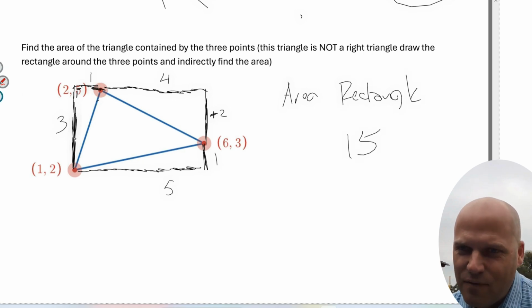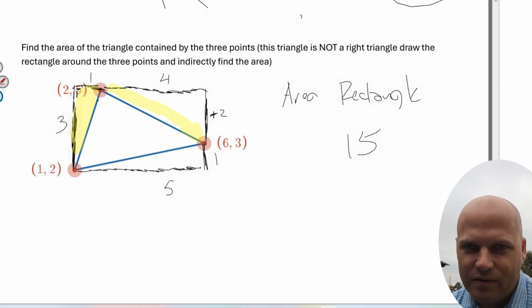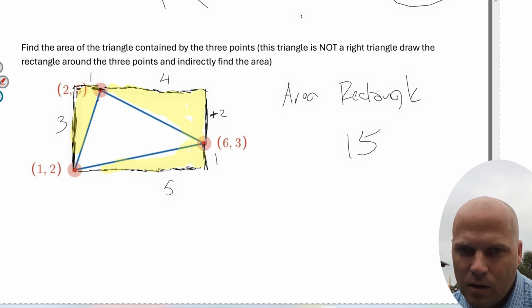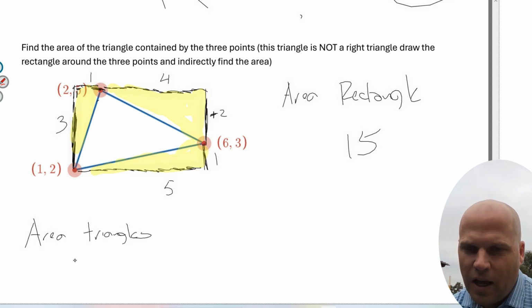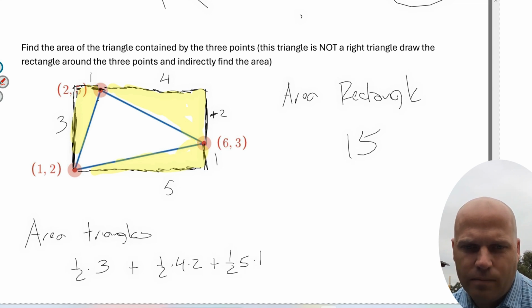And I have 3 triangles that I can easily find the area of. Well, let's find the area of those triangles. I got a 1/2 times 3 by 1. I have a 1/2 times 4 by 2. And I have a 1/2 times 5 by 1.